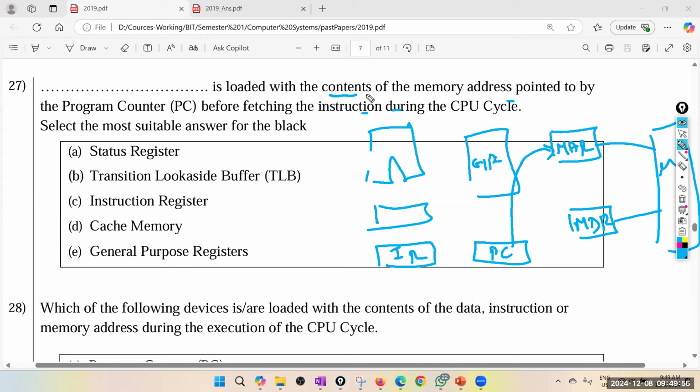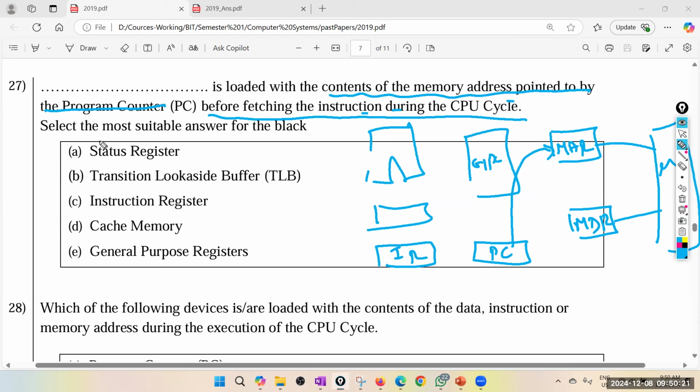The question says contents of the memory address pointed to by the program counter. Content of the memory address must be data, right? It is a little bit confusing. It says before fetching the instruction, and I think the wording is not very clear.